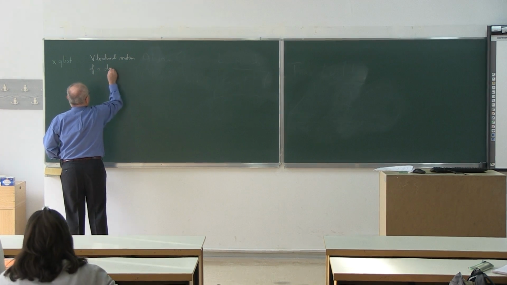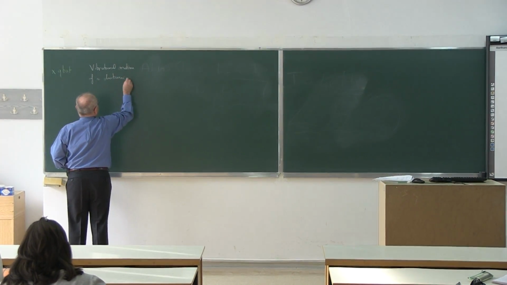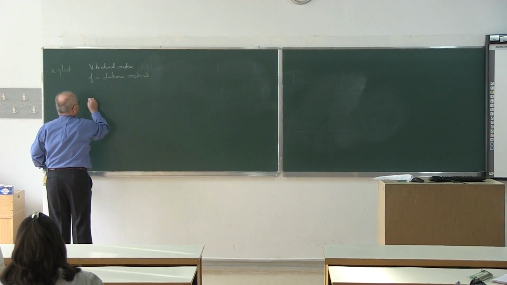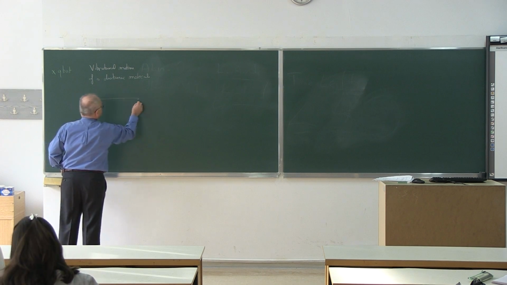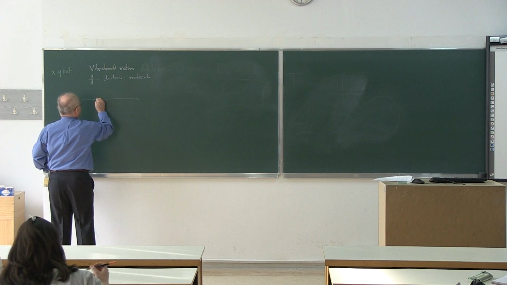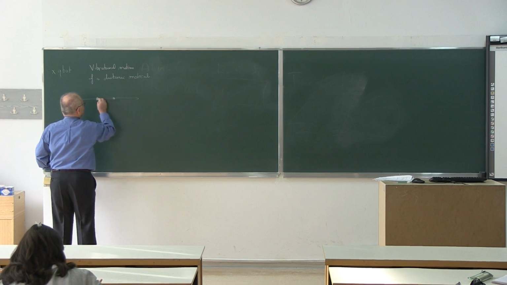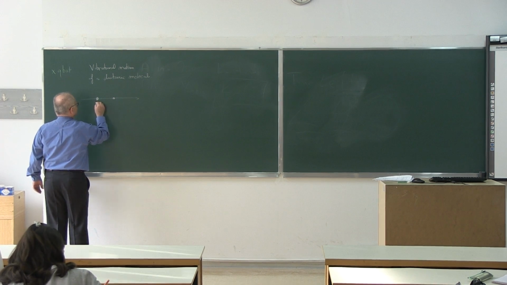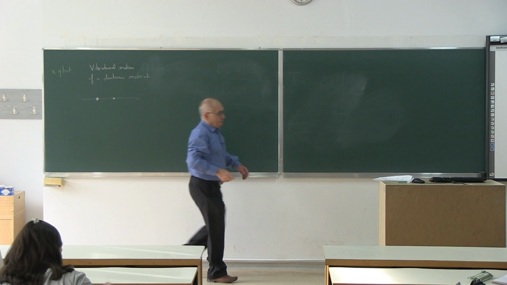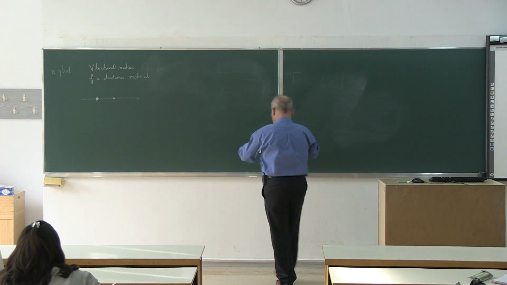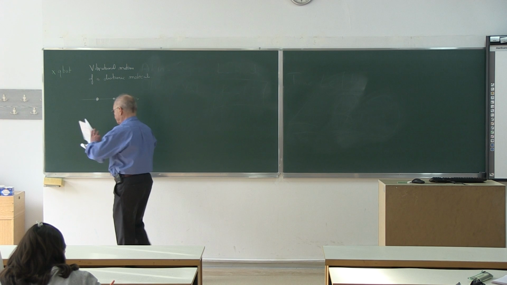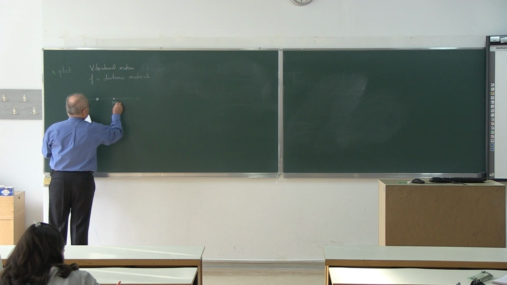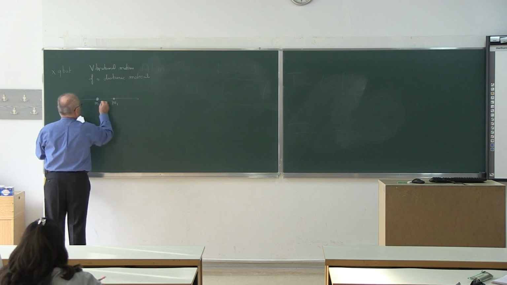Of a diatomic molecule. So the situation is we have two atoms connected by a bond, and these have masses, this one M1, this one M2.